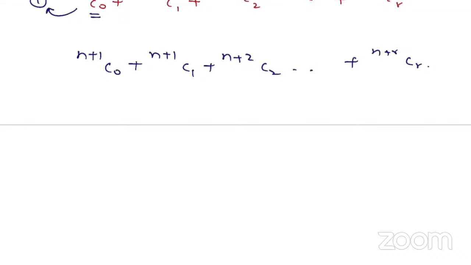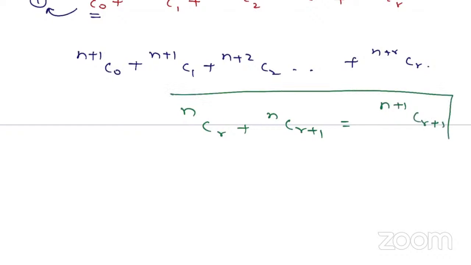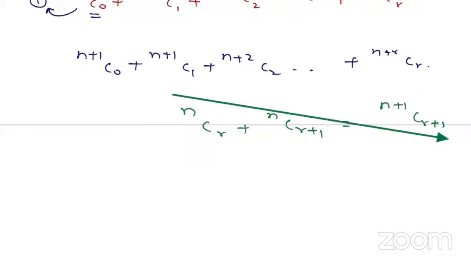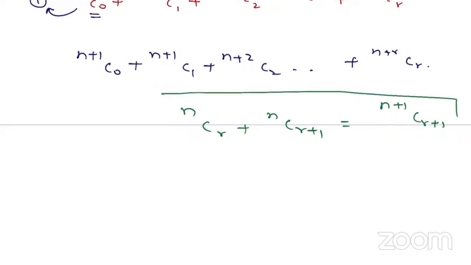We know one of the simplest formulas, you should remember: nCr plus nC(r plus 1) equals n plus 1 C(r plus 1). In the previous lecture, we have done this formula. Hope everyone remembers this formula.